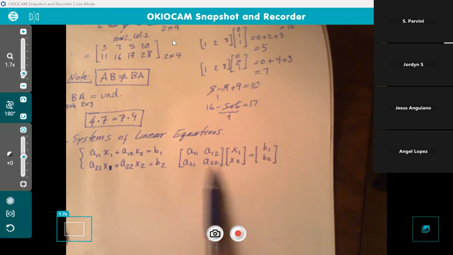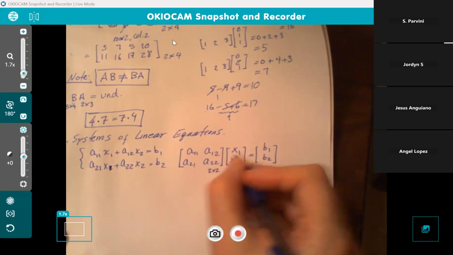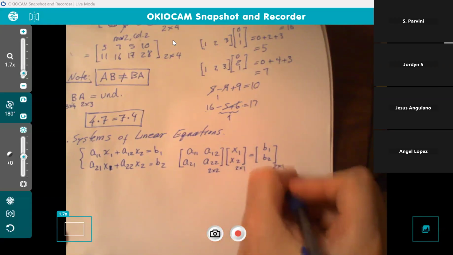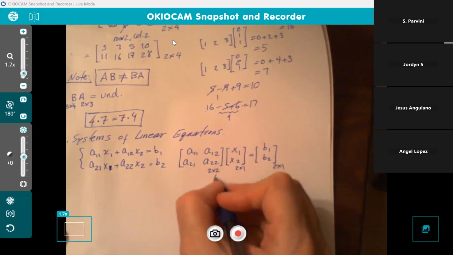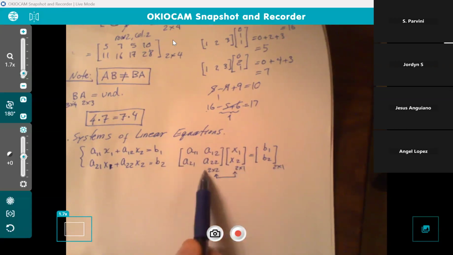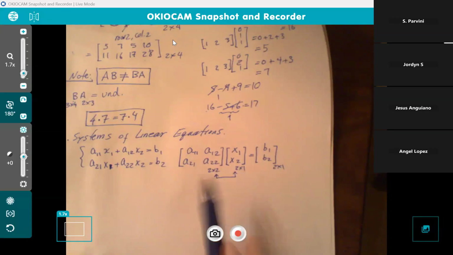We are allowed to do this. And you can verify, now that we talked about matrix multiplication, this is a 2 by 2, x1, x2, that's a 2 by 1. This is a 2 by 1. So the matrix multiplication is clearly defined, right? And the size of the product is going to be a 2 by 1, right? So how are we going to multiply this?